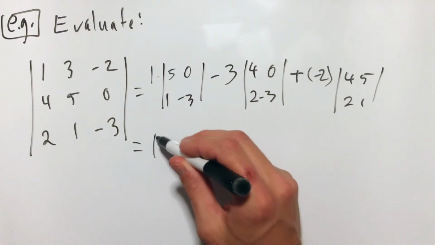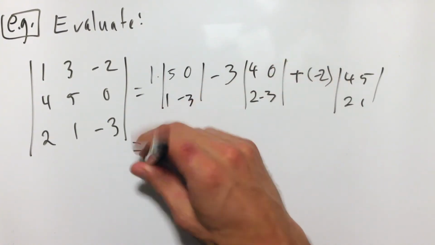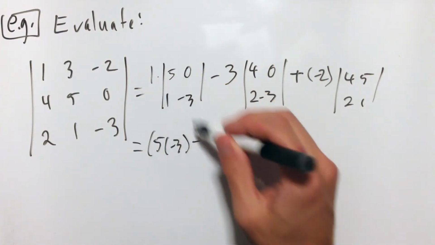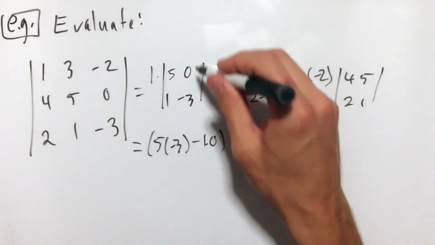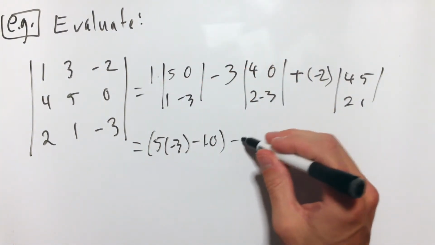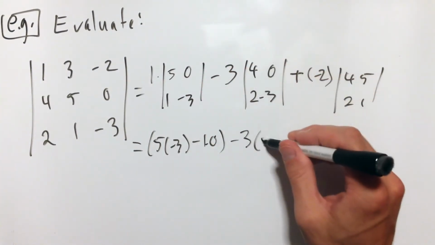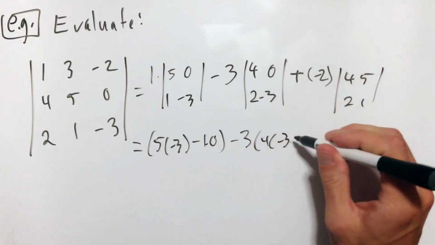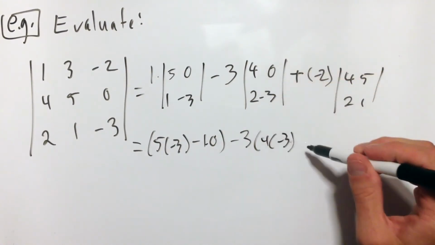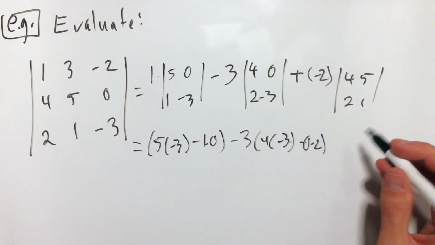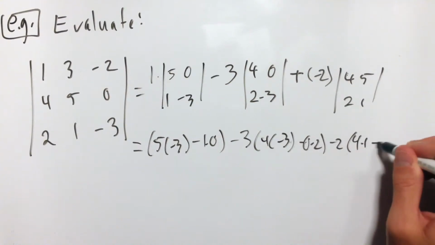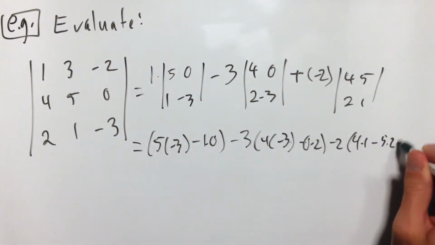Now this is 1 times, well, 1 times whatever is whatever. So I get 5 times negative 3 minus 1 times 0. That's my 2 by 2 determinant. Minus 3 times 4 times negative 3 minus 0 times 2. Minus 2 times 4 times 1 minus 5 times 2.